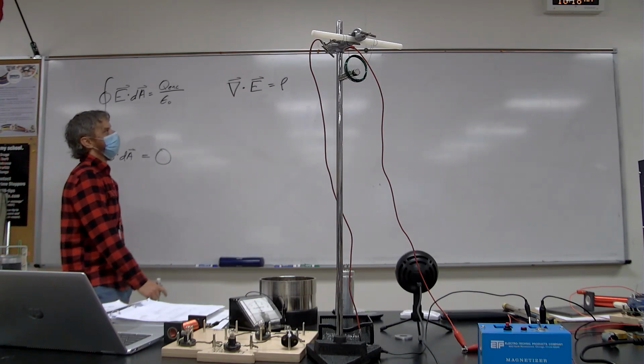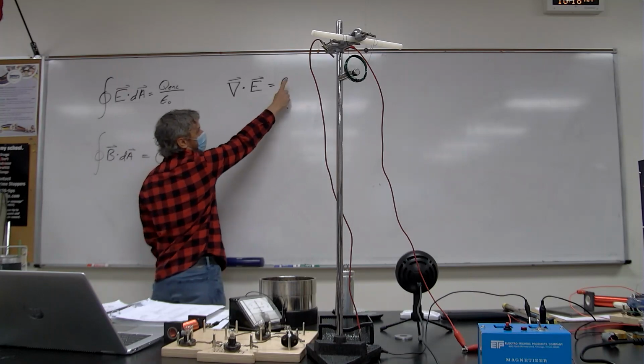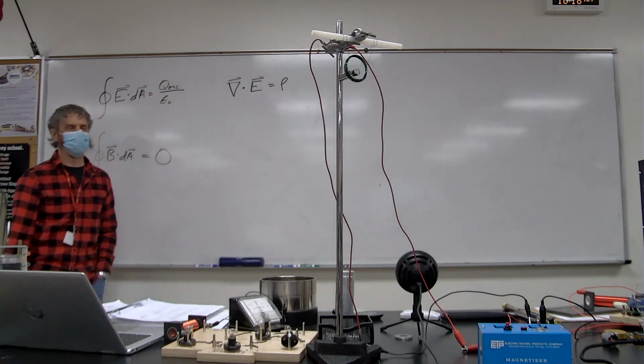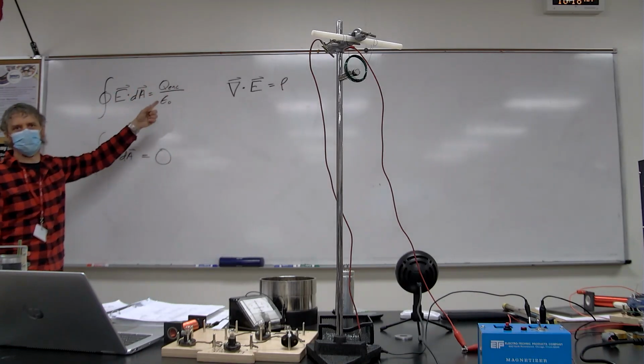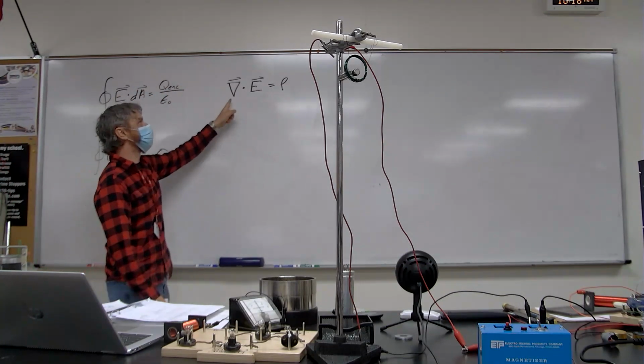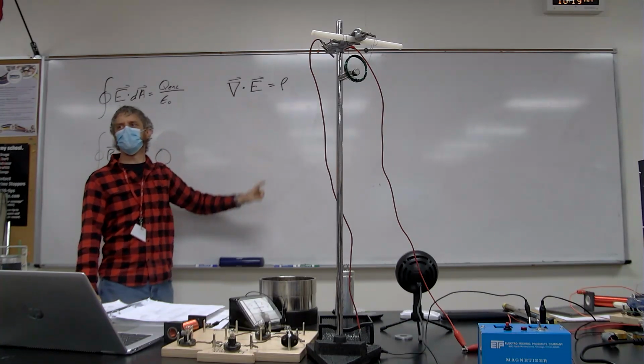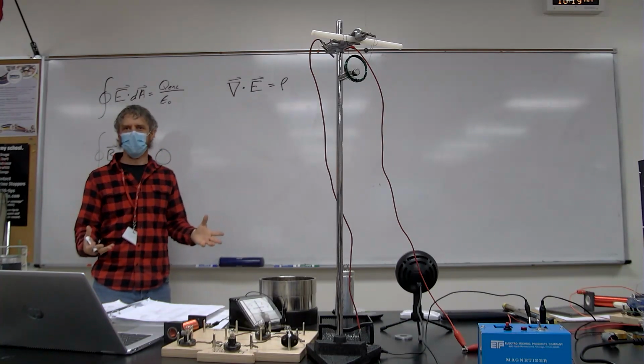It's actually pretty complicated. You have to do vector calculus before you can understand this. This rho here is charge density, so it's closely related to the enclosed charge. What this says is that when you dot del with a vector field, you call that the divergence of that field.